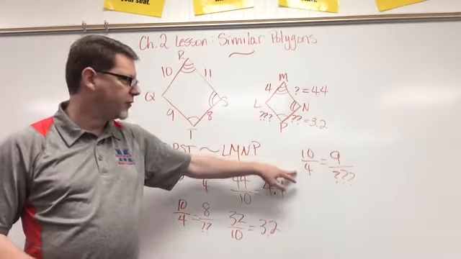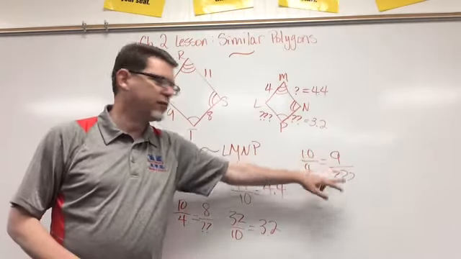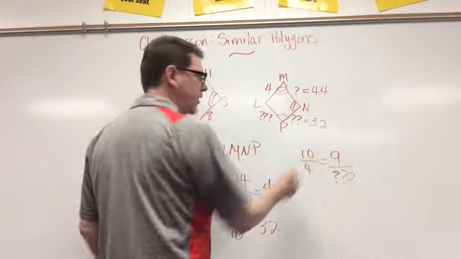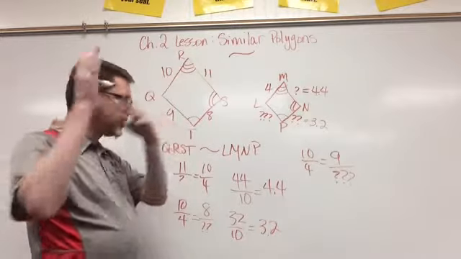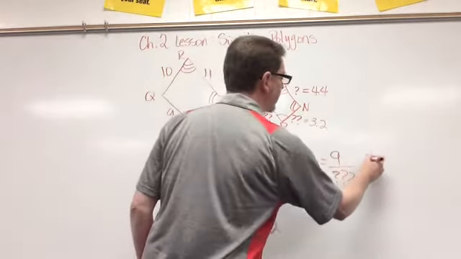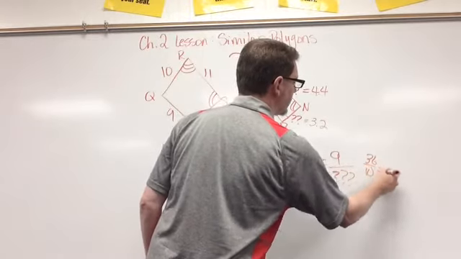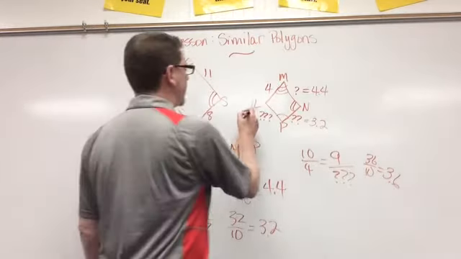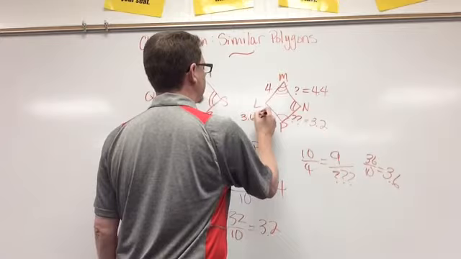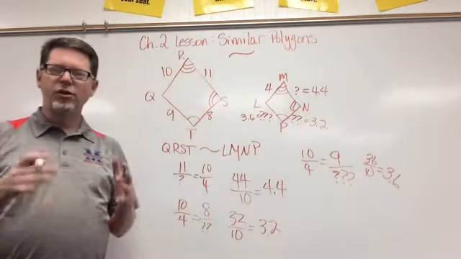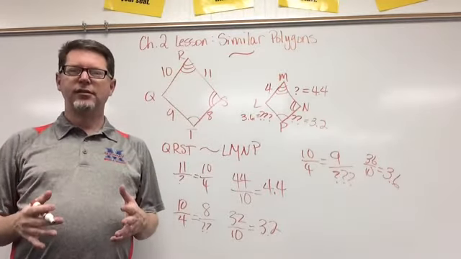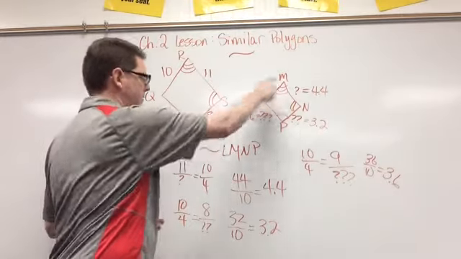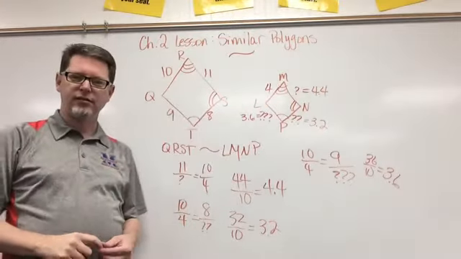And so 10 divided by 4 equals 9 over 3 question marks. Cross multiply and divide. 4 times 9 is, yes it is, 36. 36 divided by 10 equals 3.6. So we know that the last side is 3.6. We're using what we know about similarity and the corresponding sides to find missing information.